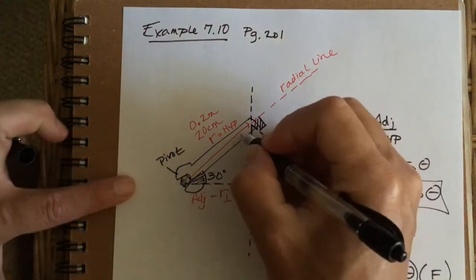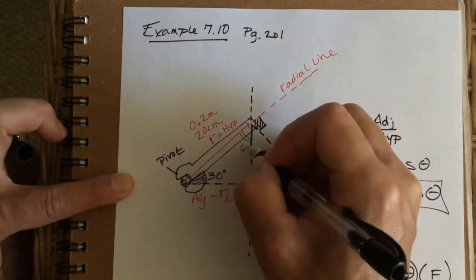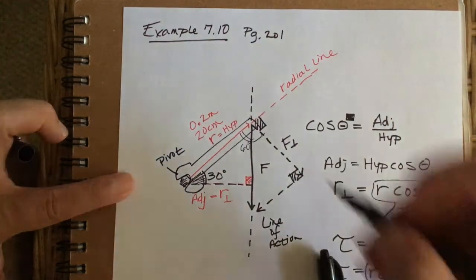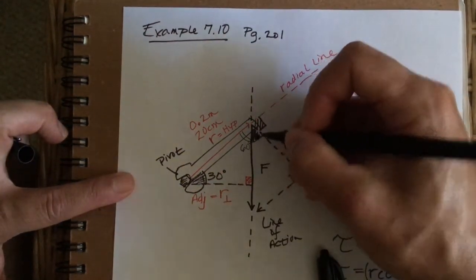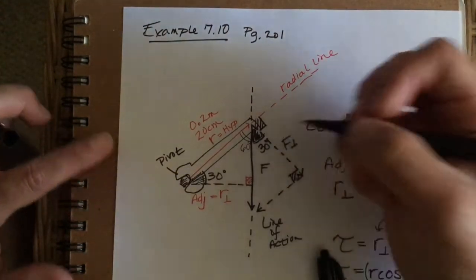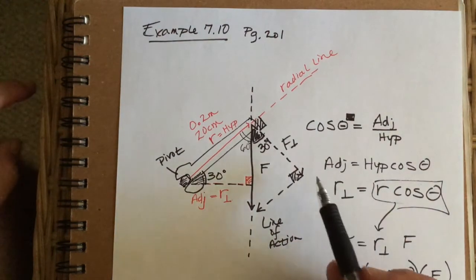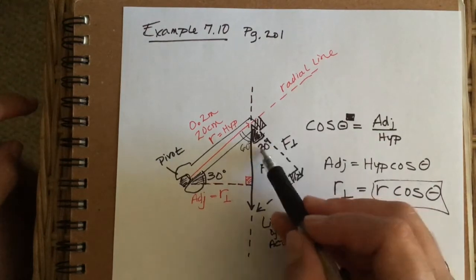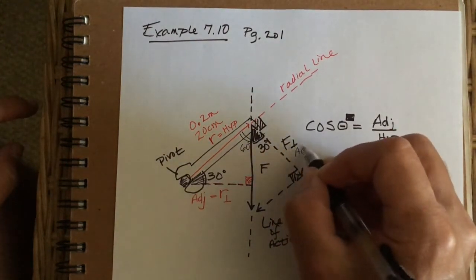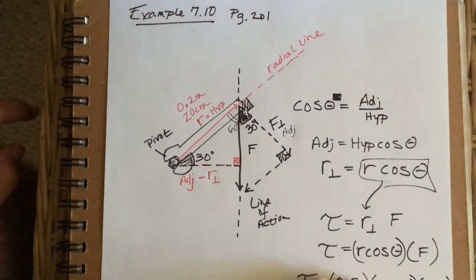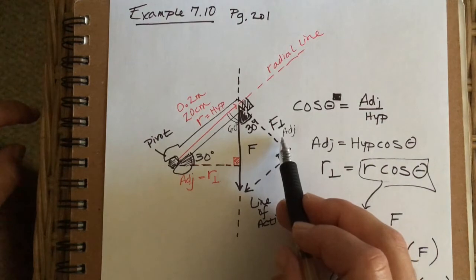And this is 60 degrees, and so therefore this angle right here is 30. The reason I bring this up is because you can see that f-perp, even when you draw it out this way, is still adjacent to the 30, right? So you're going to end up using cosine here to find f-perp.